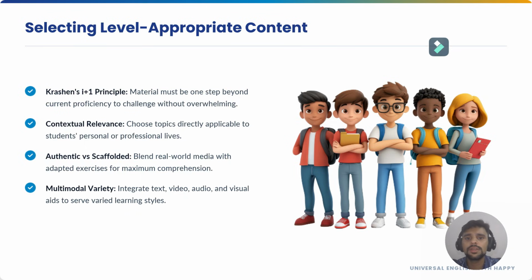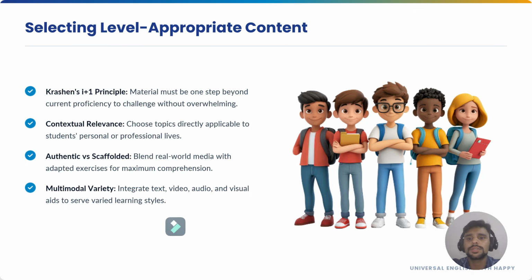Let's examine the four golden rules of material selection displayed on slide 5. Rule number 1 is Stephen Krashen's famous I plus 1 principle, also known as the input hypothesis.